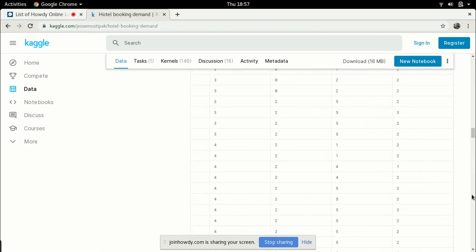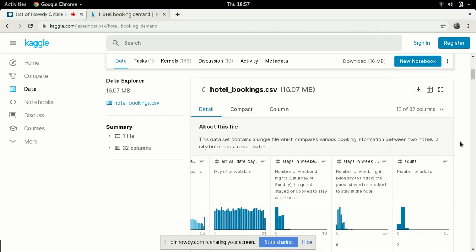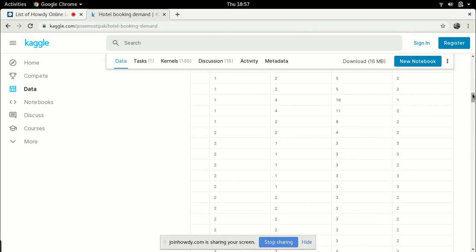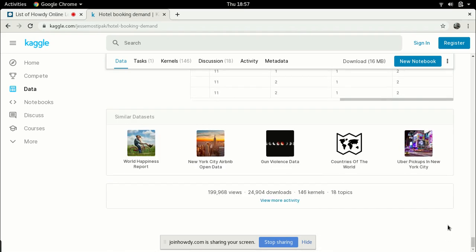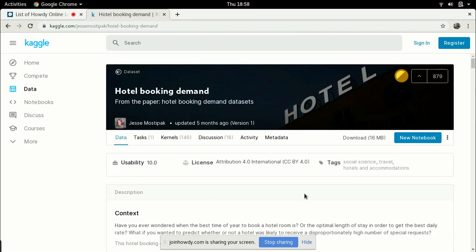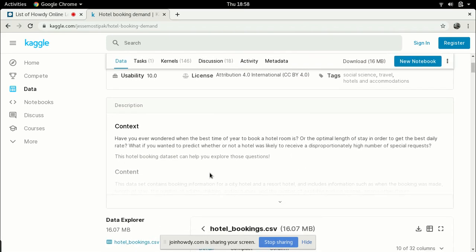Okay, so it's a lot of numbers, which is good, because in the beginning, if there is a lot of characters, it becomes a problem. The reason is then you have to start going to natural language processing and things like that. So the good thing is there are numbers. So let's look at the content.